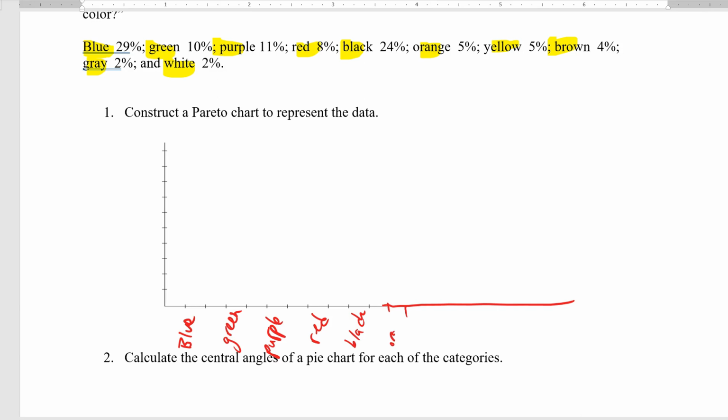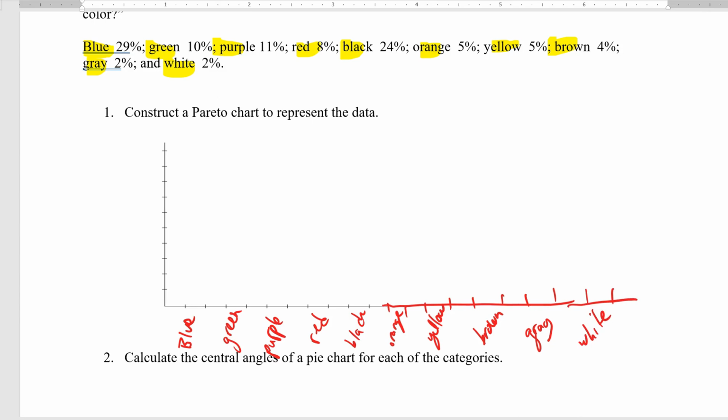Space, and then yellow. And then a space, brown. And then a space, gray. And then a space, and white.